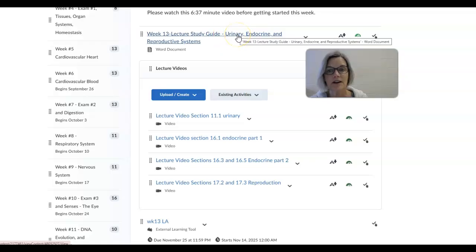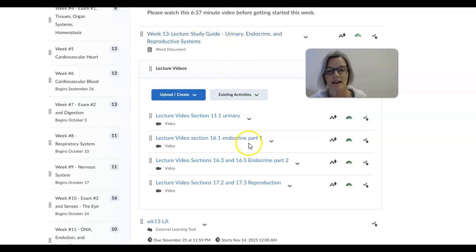So look at the diagrams that are in your textbook, in your ebook, and some of those actual anatomical diagrams will show up on your last exam. So in addition to anatomy, there's a little bit more about these systems just to give you a little background on them, but it's mostly anatomy.